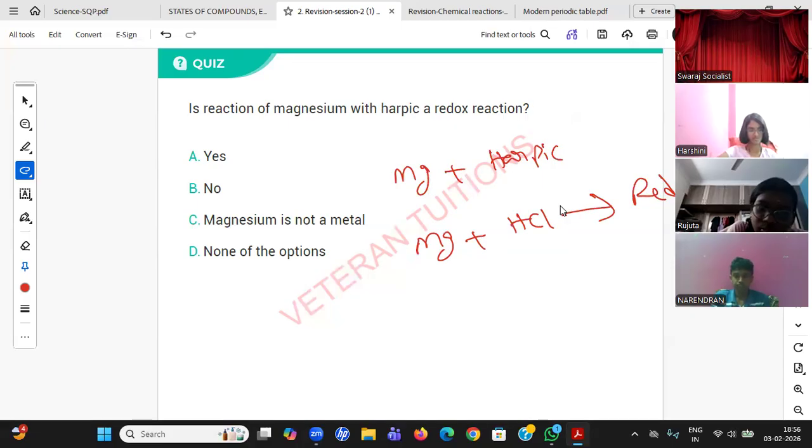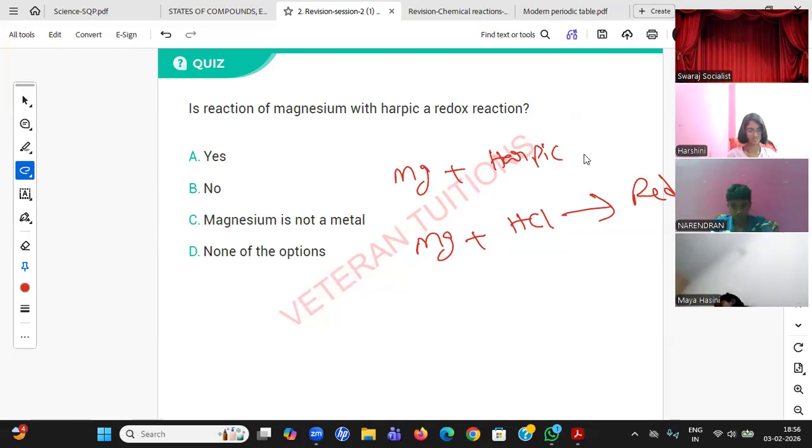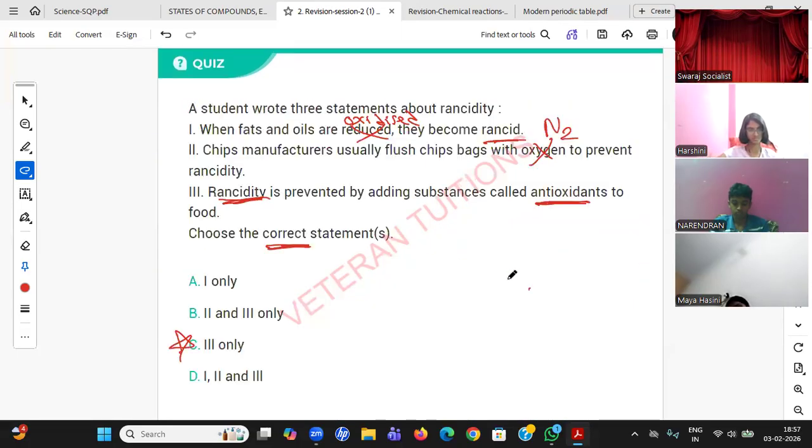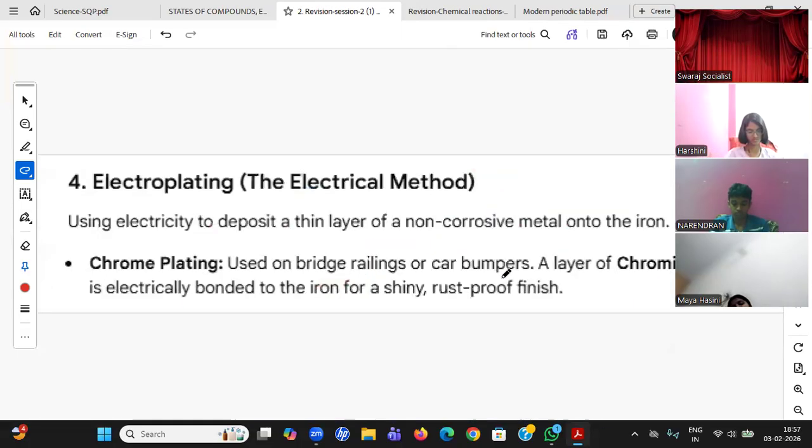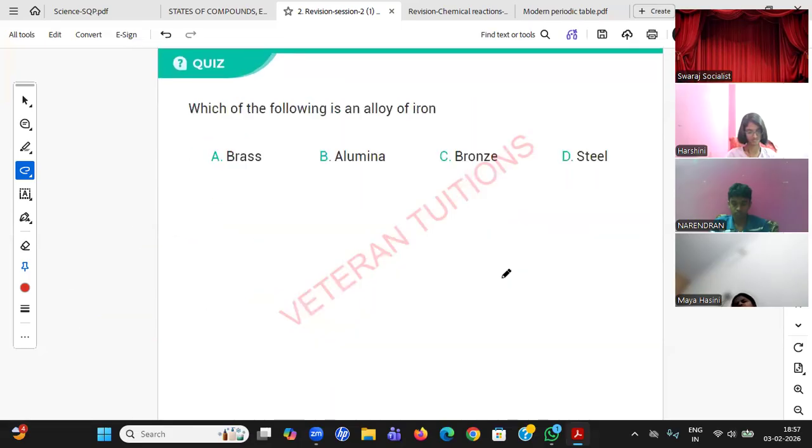Harshini, very good. So I have cleared one student's doubt, and that will help you here. Redox reaction means element plus compound is a redox reaction. I have shown you today when I cleared some doubt. I have sent it in the group also, students.